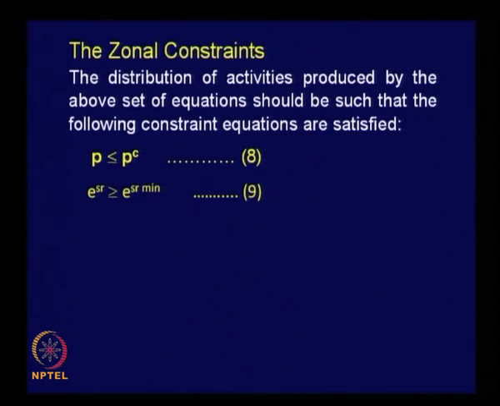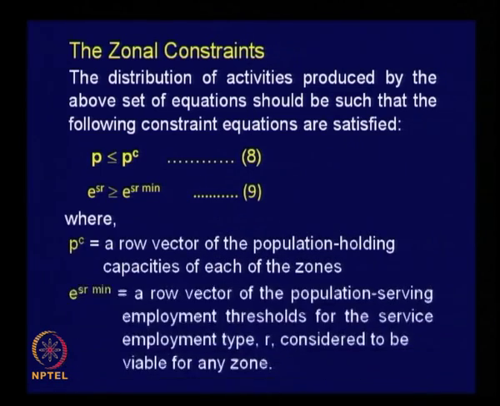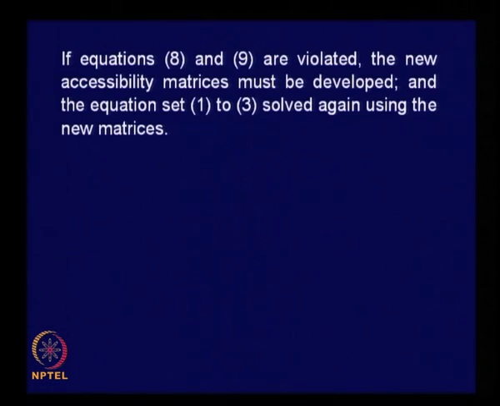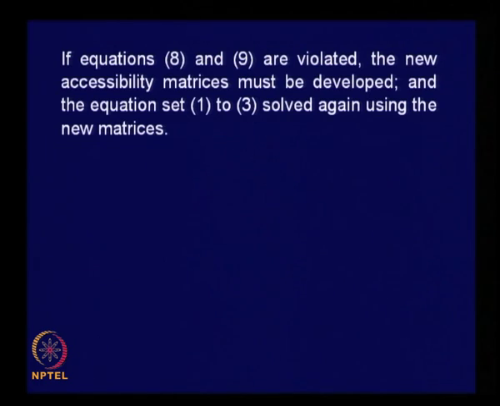Let us say unfortunately when you apply Lowry's model, of course the explanations are known, if equations 8 and 9 are violated, not satisfied, what do we do? The new accessibility matrices must be developed.